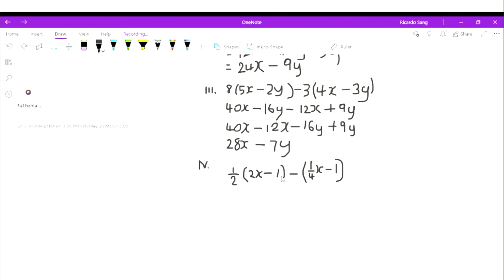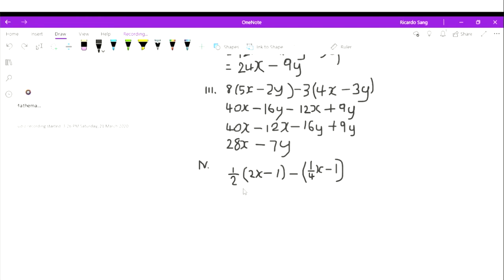Alright, so this is going to multiply this by this. Multiply the half by the first bracket alone, because it closes, the half only affects the first bracket, so you multiply by the first bracket and remove the bracket.